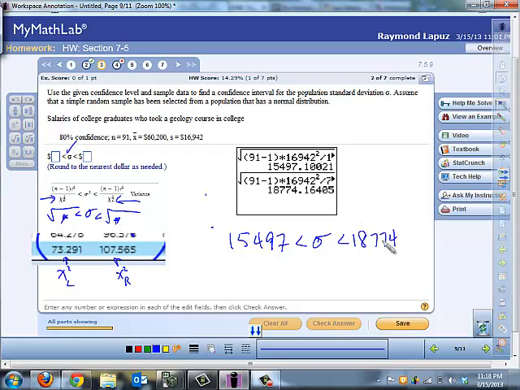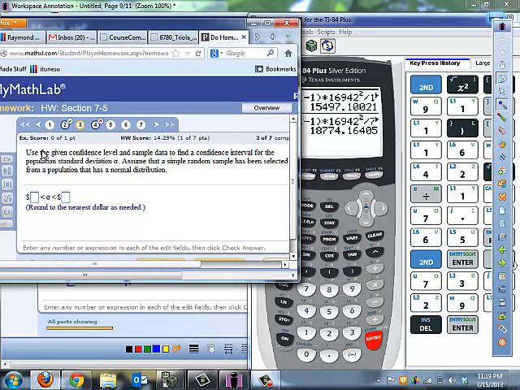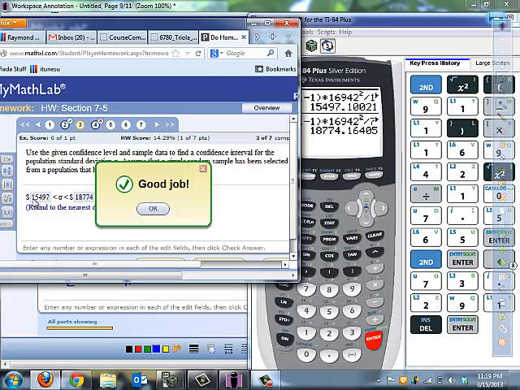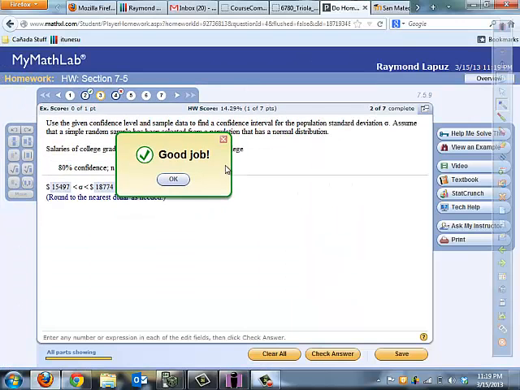But if you're going to input this in the computer, the output was 15,497 and 18,774. So that looks like it worked out well for us, and we got the right answer.